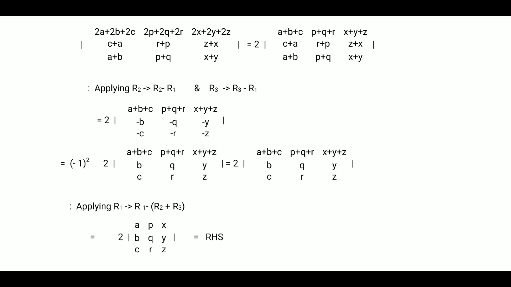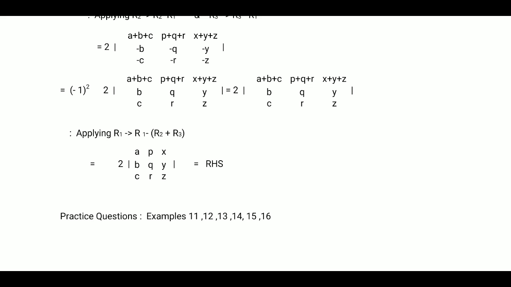Minus 1 square is plus 1, so it becomes twice of a plus b plus c, like this. Now applying R1 becomes R1 minus R2 minus R3, it becomes twice of APX, BQY, CRZ, that is the RHS.